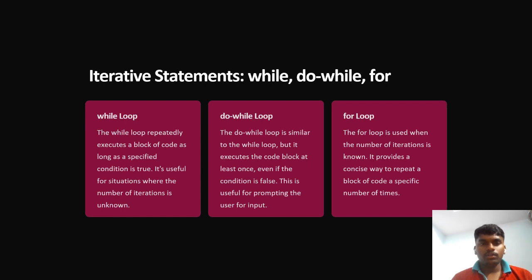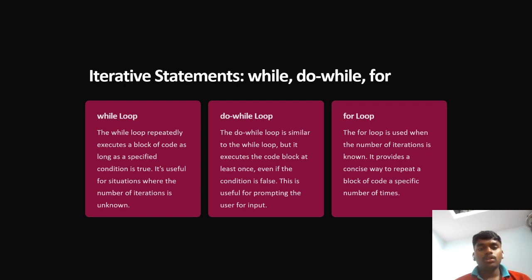Iterative statements. There are three types of iterative statements: while, do-while, and for. While loop: the while loop repeatedly executes a block of code as long as a specified condition is true. It's usually used for situations where the number of iterations is unknown.